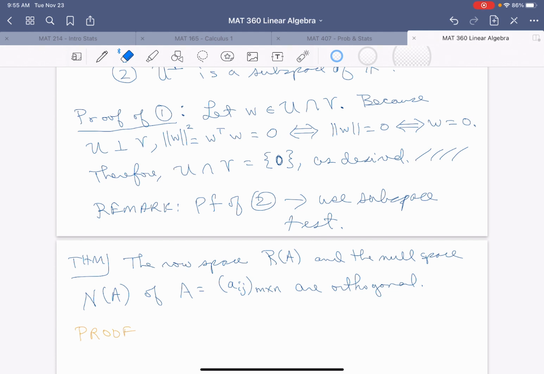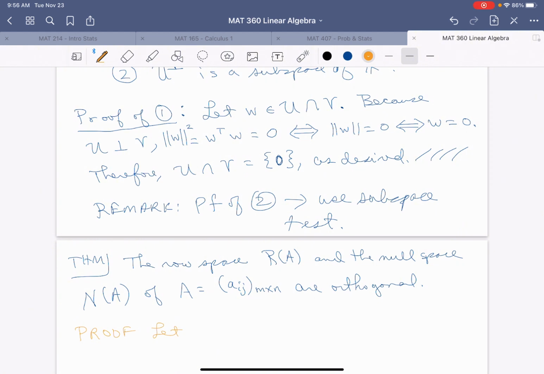So normally when we talk about the row space and the null space, we're not so interested in the fact that we're talking about rows. Typically we think of a row vector, a column vector, or just an n-tuple. All three of those are considered to be parts of Rn most of the time.